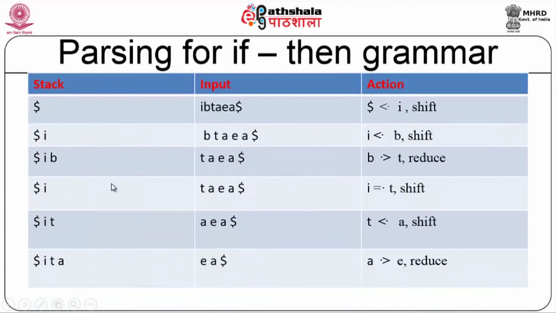Supposing I have the same string here, I compare dollar and i, and I shift; i less than b, again I shift; b is greater than t, so I reduce.